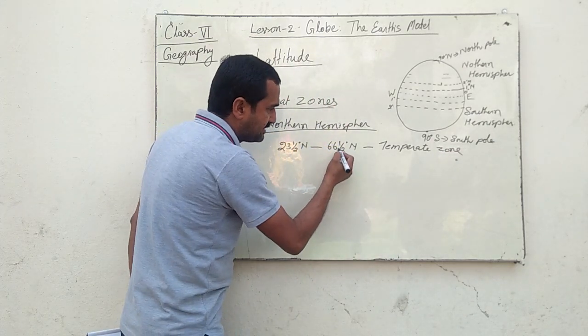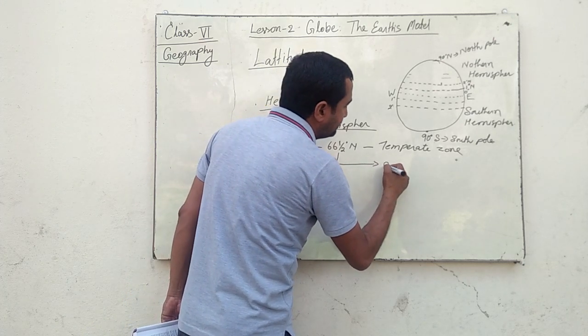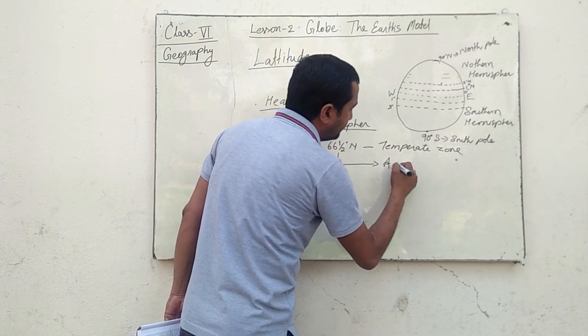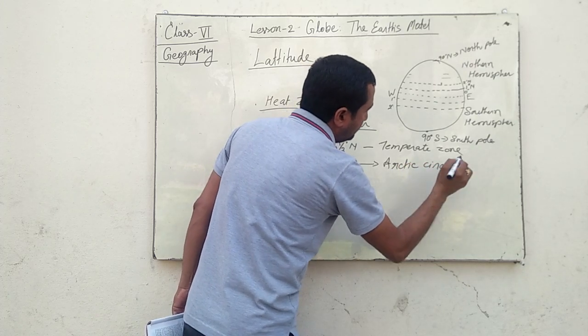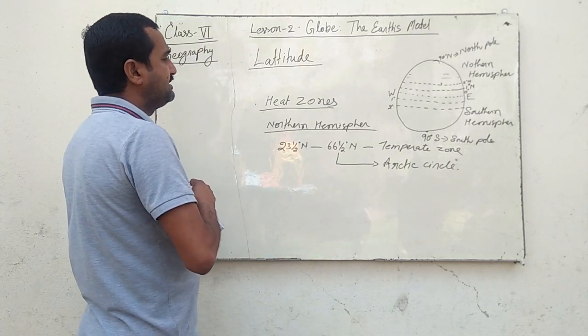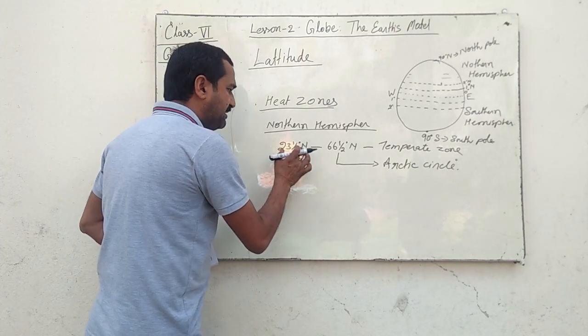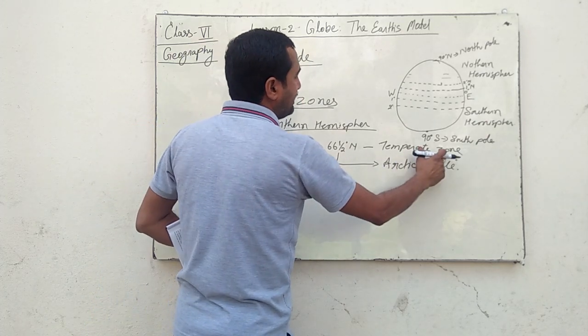Children, this 66.5 degree north is called Arctic Circle. So we can conclude that the region between Tropic of Cancer and Arctic Circle is called temperate zone.